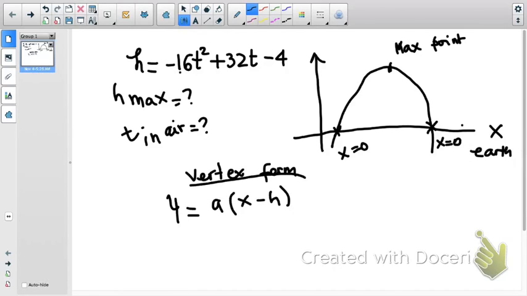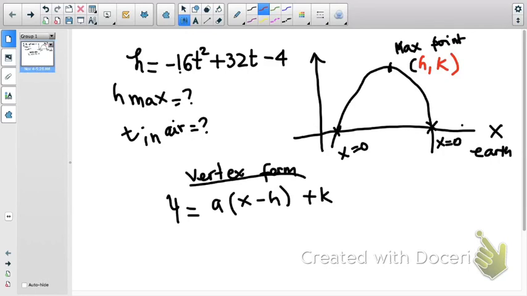So, if I'm not mistaken, it's y equals a times (x minus h) squared plus k. That will help us find the maximum. And we know that in this form, this point here is h and k.